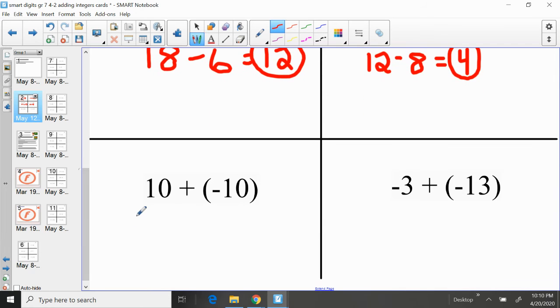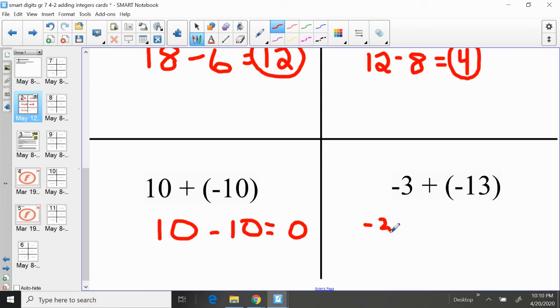Moving on, if I had 10 plus -10, like I see there, 10 plus -10 is the same as 10 minus 10. And 10 minus 10 is 0. All right. And then go back here, -3 plus -13.